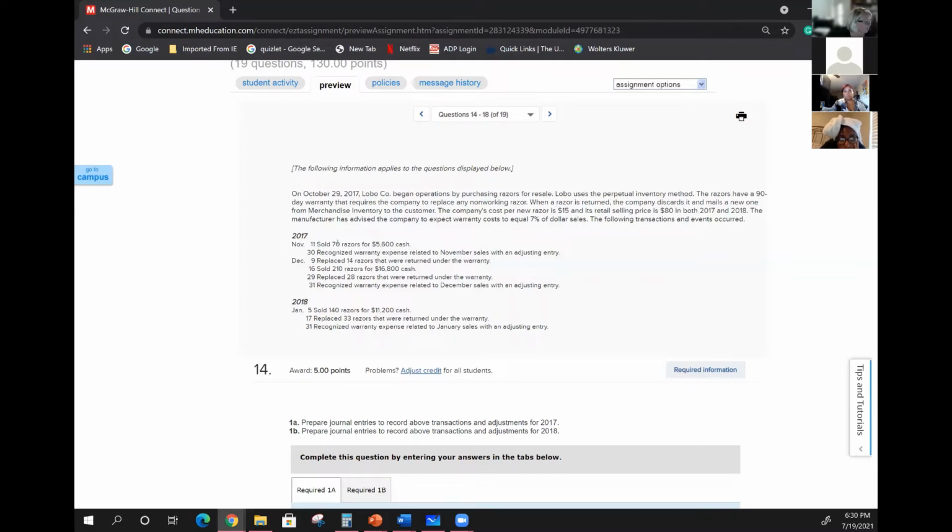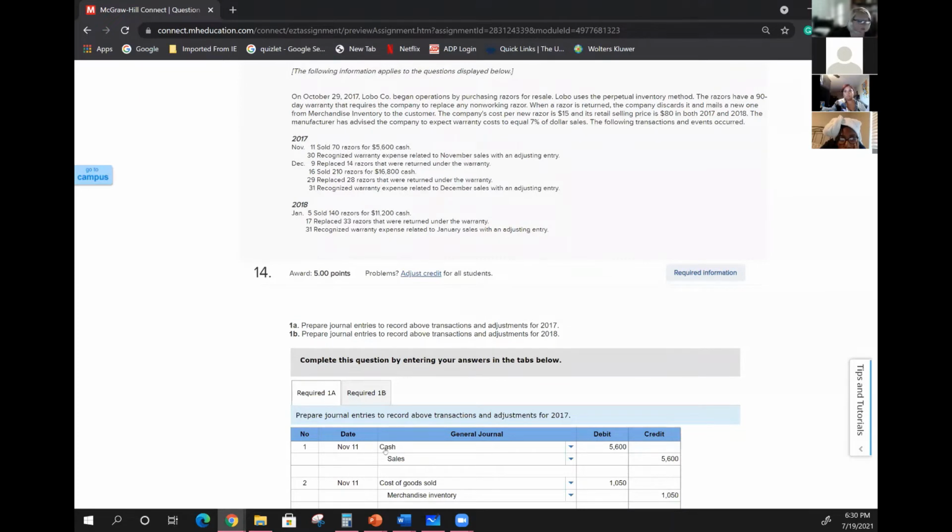So on November 11th, we sell 70 razors for $5,600 cash. So I'm going to record my sale. Cash $5,600, sales $5,600. Cost of goods sold, and remember they gave us the cost. They're saying the cost of the razor is $15.